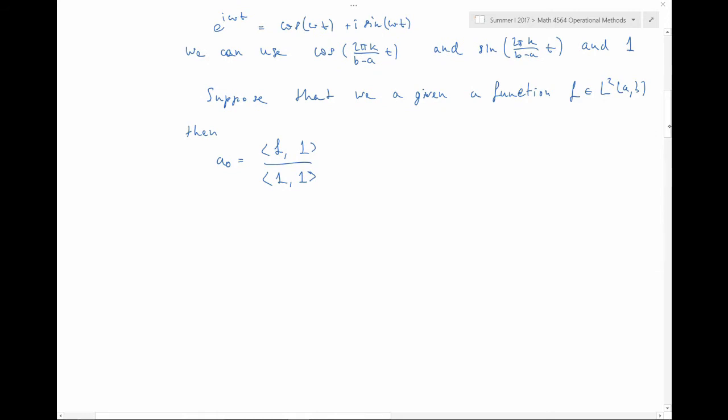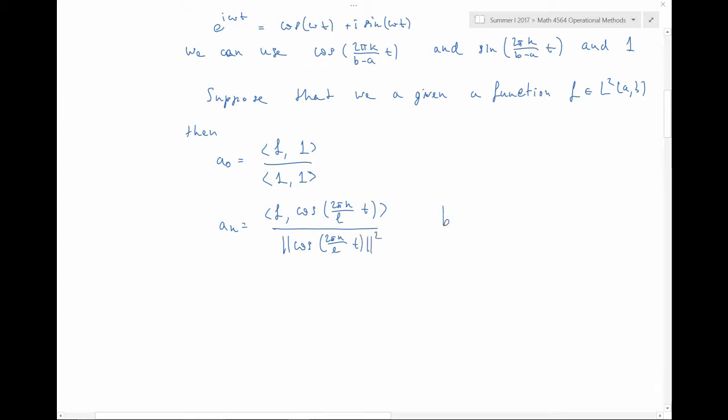Then we'll also compute the coefficients of the projections of f onto cosine. I'm going to call that a k, will be the inner product of f with the function cosine of 2 pi k over L t, where L is b minus a, divided by the norm of cosine of 2 pi k over L t squared.